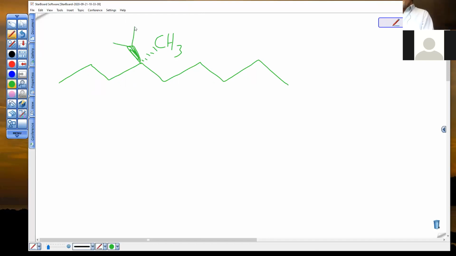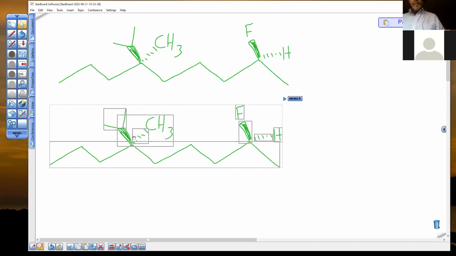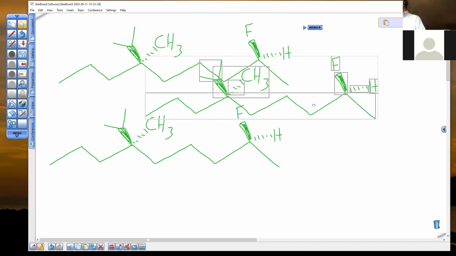And over here, we'll throw a halogen here. And we'll throw, I don't know, hydrogen there. 2 stereocenters, 2 separate problems. We'll deal with them separately.